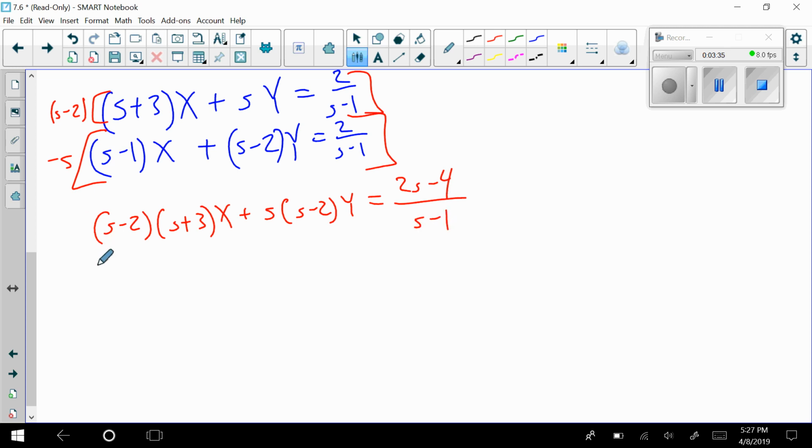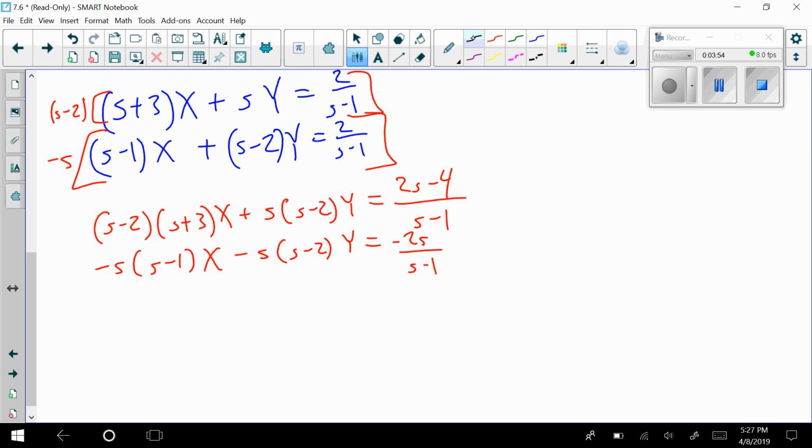Down here I'd have negative s minus 1 big X minus s times s minus 2 big Y equals negative 2s over s minus 1.